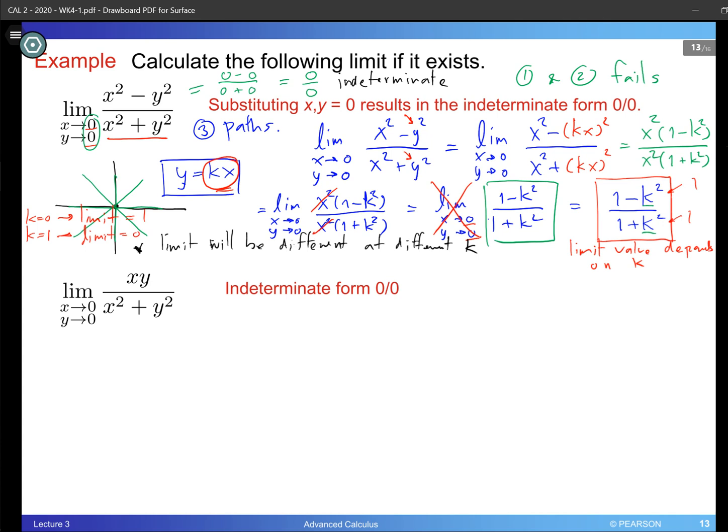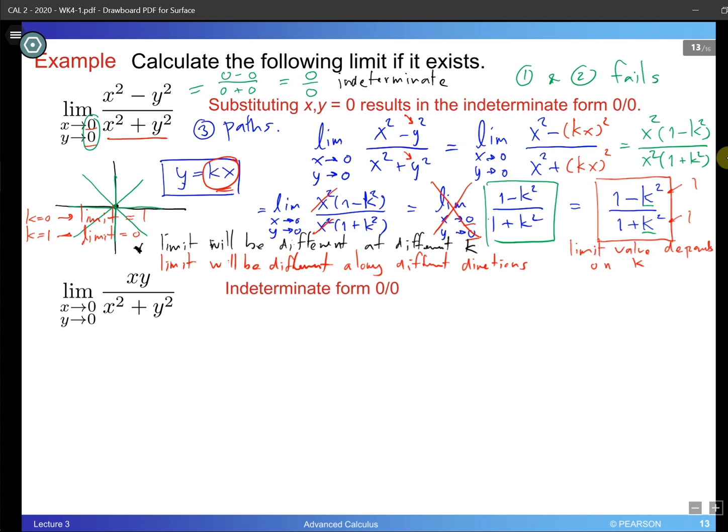Alright, as you can see here, at different values of k, limit values are going to be different. So what does this mean? It means that the limit will be different along different directions.